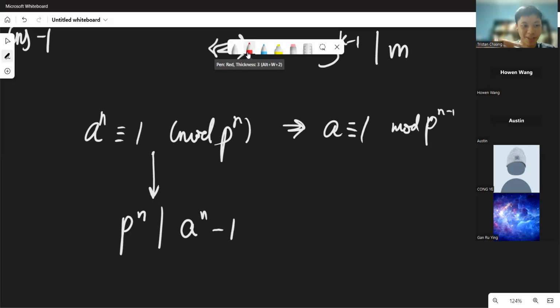I wrote the question wrongly. So this is actually a to the p instead. A to the p. Yeah, you might want to correct that. In fact, I will just correct it now and then send it to the group again.